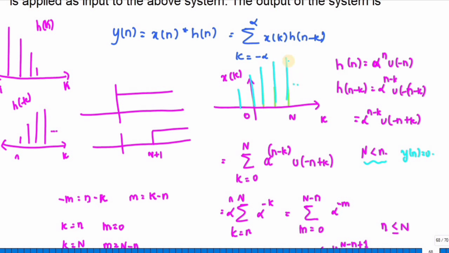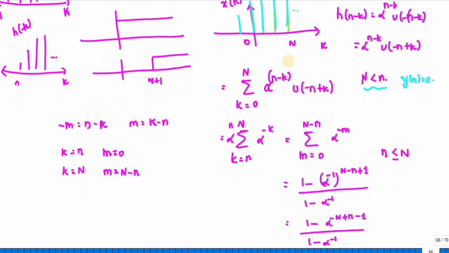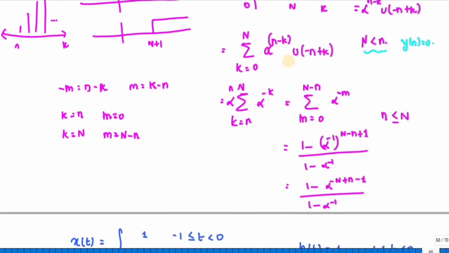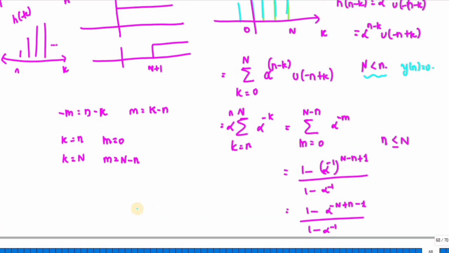If this is the case, the intersection is from 0 to n, right?